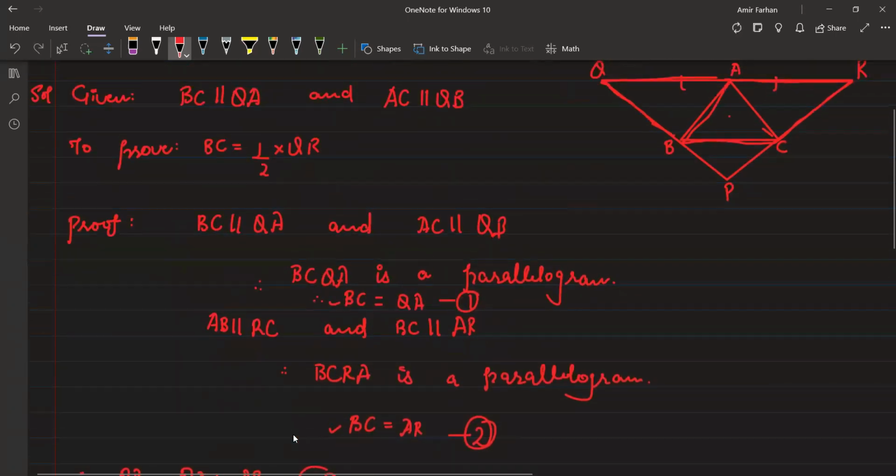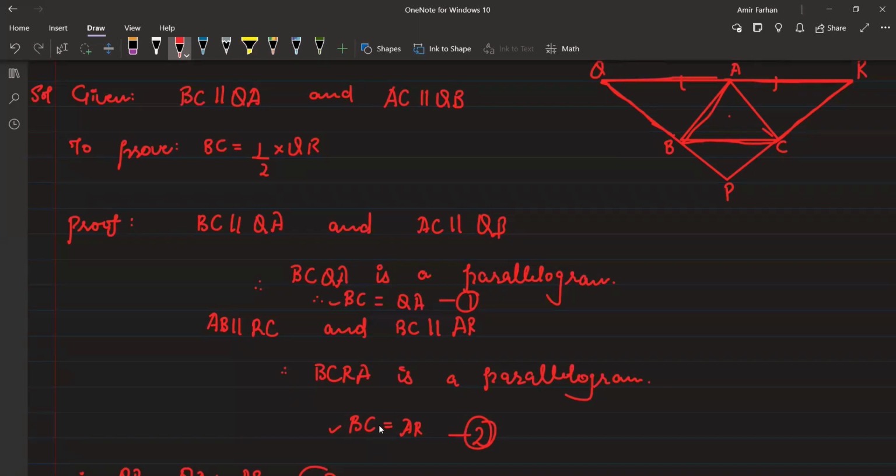Basically, the question is using the properties of a parallelogram. The properties of a parallelogram should be on your fingertips if you are going through the quadrilateral chapter. First property: opposite sides of a parallelogram are parallel to each other. Clear? Second: opposite sides are equal to each other.